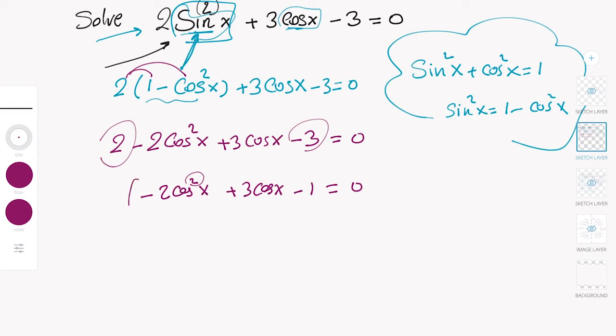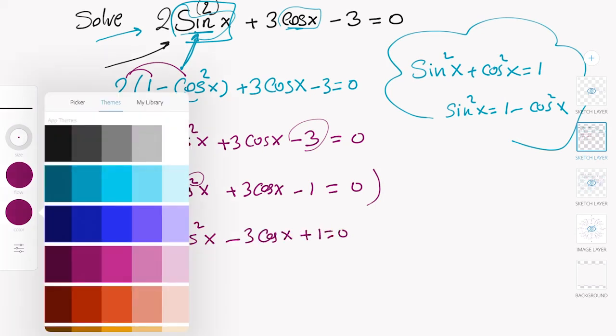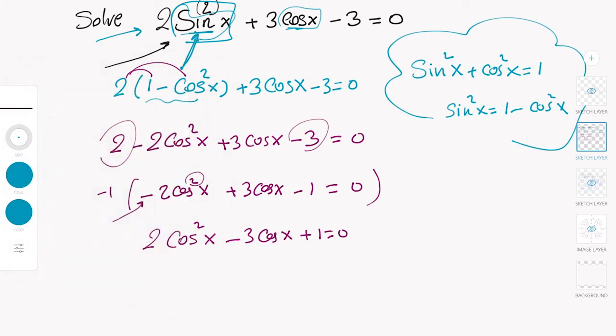I'm going to multiply everything by negative 1 to get rid of the negative. So we have 2 cosine squared of x minus 3 cosine of x plus 1 equal to 0. Hopefully we can factor this. Yes, we can factor it to (2 cosine of x minus 1)(cosine of x minus 1) equal to 0.